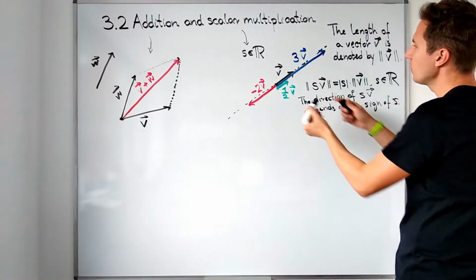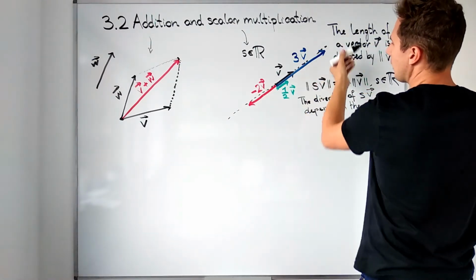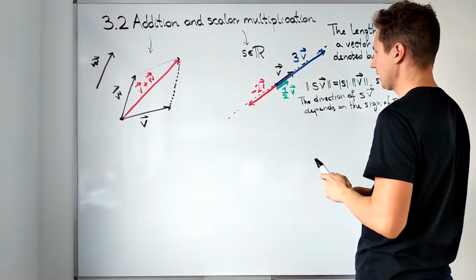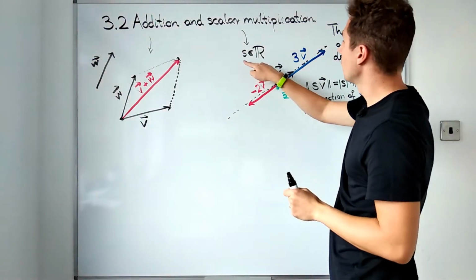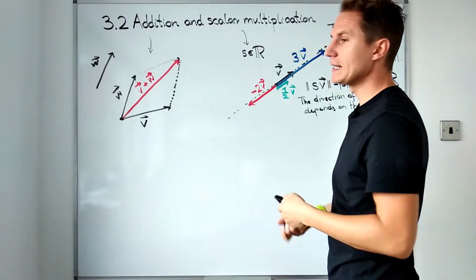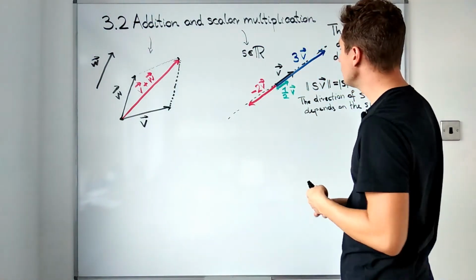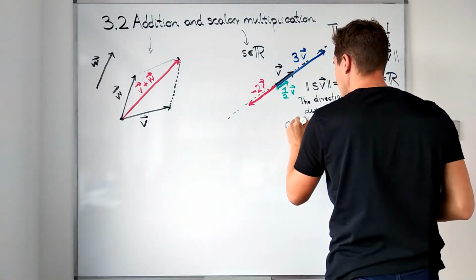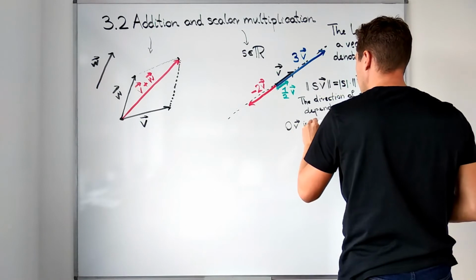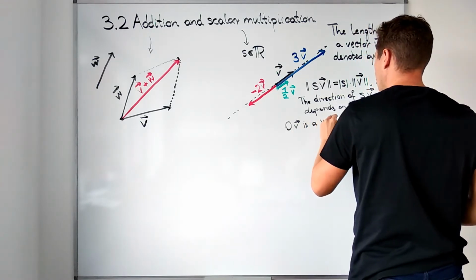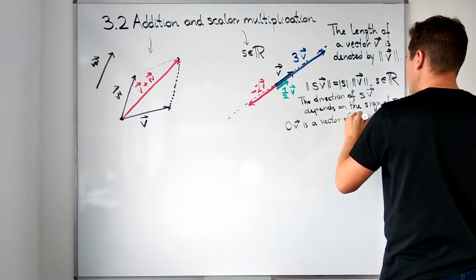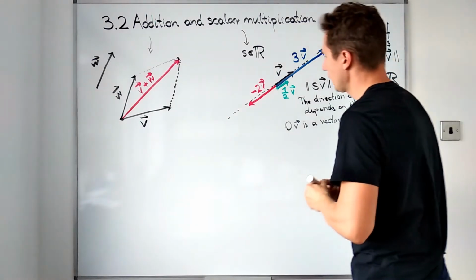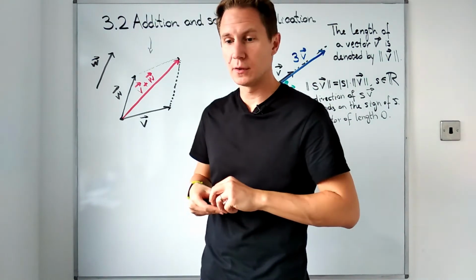So s could be positive, in which case they point in the same direction, or s could be negative, in which case they point in the opposite direction. Of course, you could take s to be 0, in which case 0 times v is a vector of length 0. That's the 0 vector.